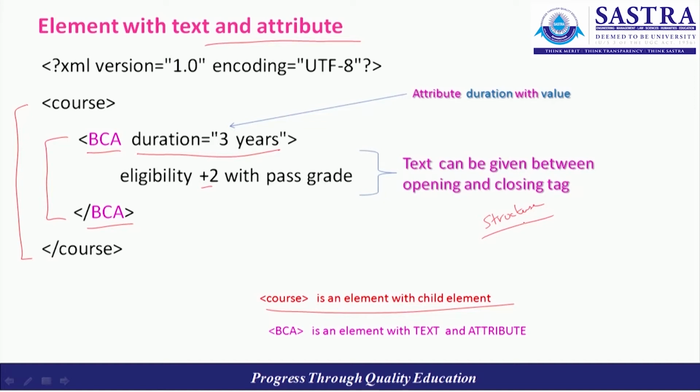The structure of an XML document can be set with the help of schema as well as document type definition. We will learn this DTD and schema in unit 2. This is for your better understanding.